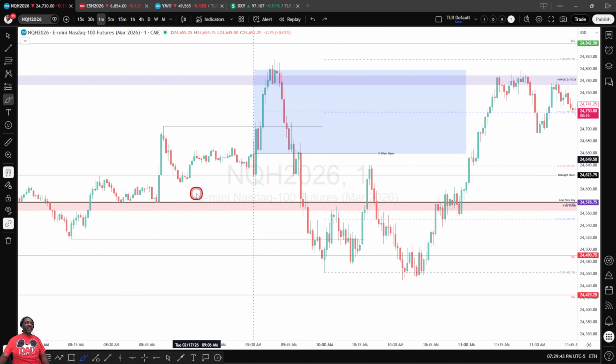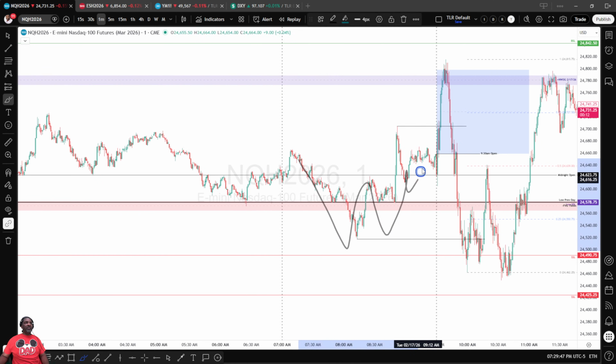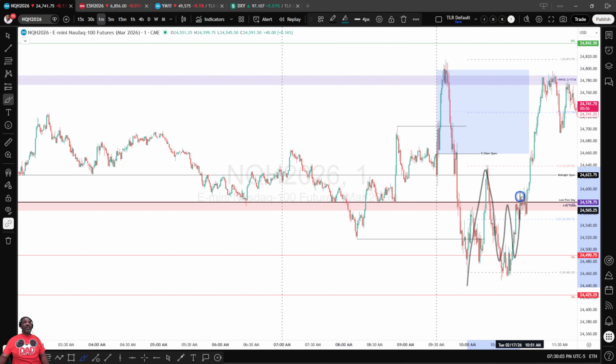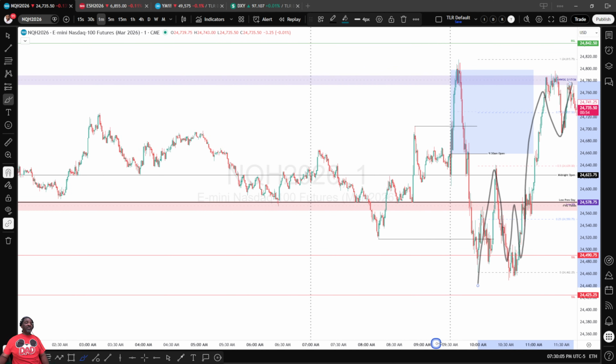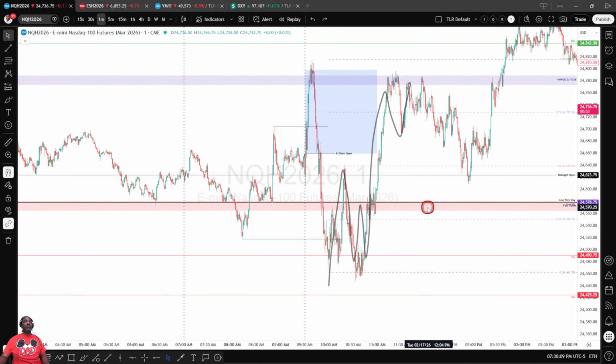We just really didn't get that today. Just like over here, when we came here and broke bullish, we've come below the daily low, bullish breaking market structure, sweep liquidity, go up and fail to reach the liquidity. Turn around, come all the way down, take sell side again, and then eventually go back up to the liquidity.